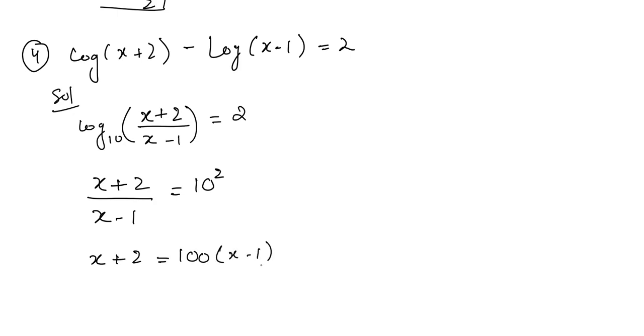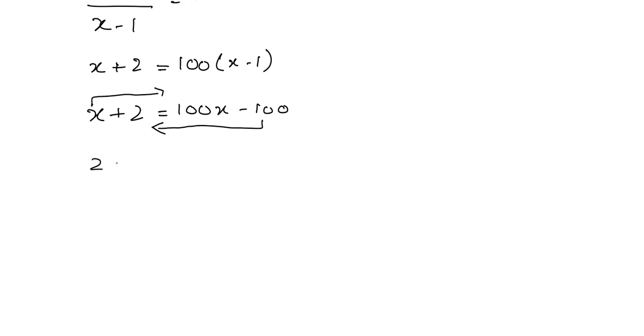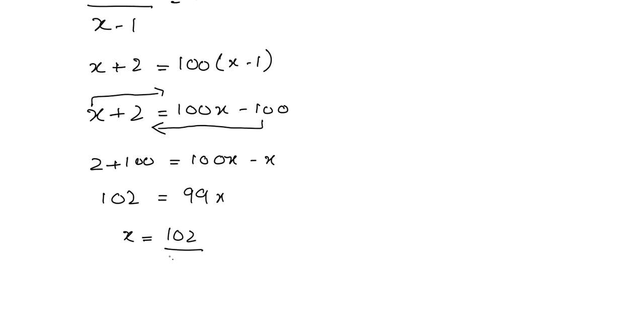times x minus 1. Further on solving, we will have x plus 2 is equal to 100x minus 100, and rearranging it, we will have 2 plus 100 is equal to 100x minus x. It will be 102 and it will be 99x. So the value of x will be 102 divided by 99.